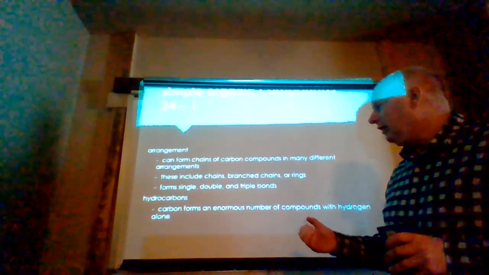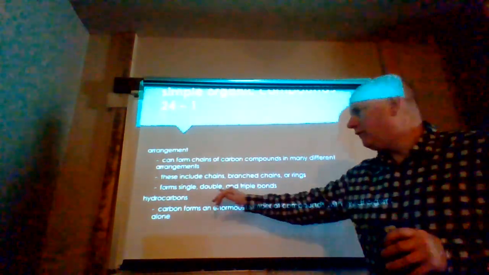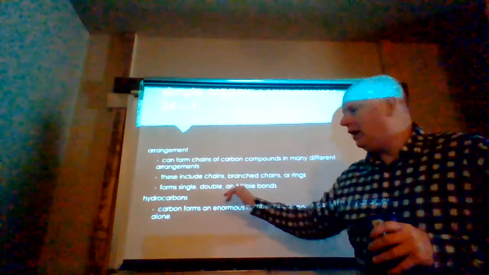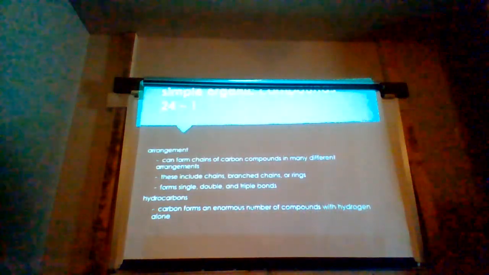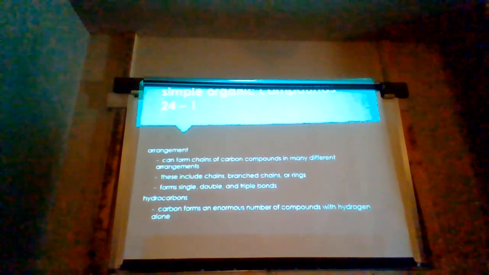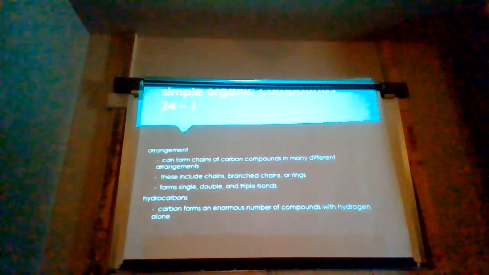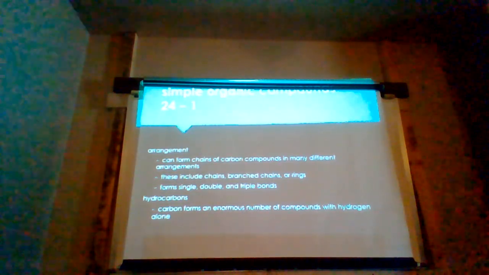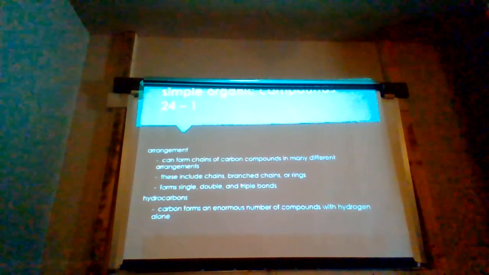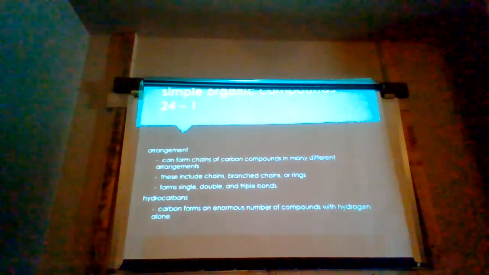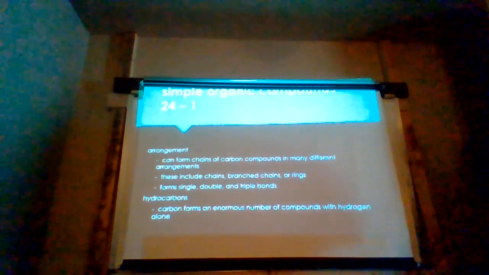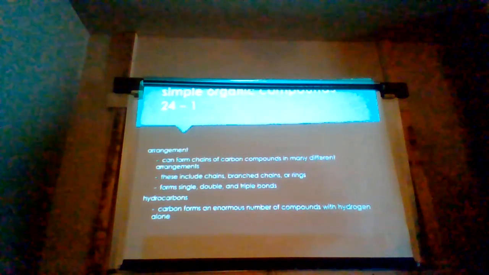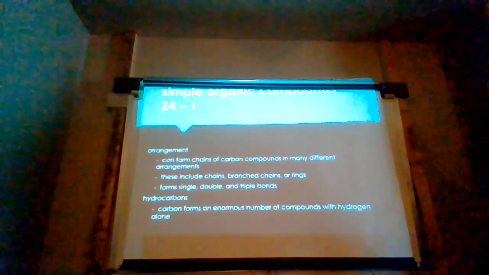These hydrocarbons can form single, double, and triple bonds, and we'll get into that at a later time. We briefly mentioned a triple bond with a gas that might be utilized in the shop, and that is, of course, acetylene. One of you students mentioned that yesterday, so we'll make reference to that later in this presentation.